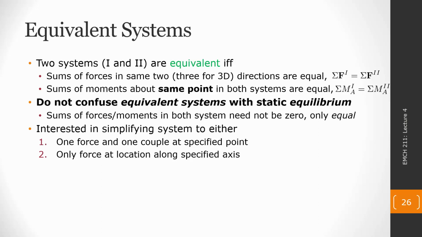A second possibility is that we want to reduce all of our forces and couples into just one force in the second system, and we need to find where to put that one force along some axis, so that again, when we sum the forces in system 1 and 2, everything's equal, and when we sum the moments around a point, everything is going to be equal.